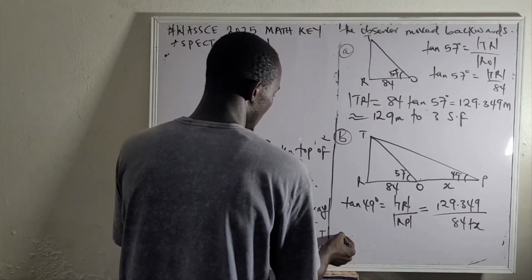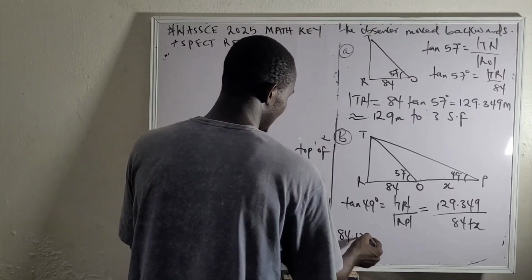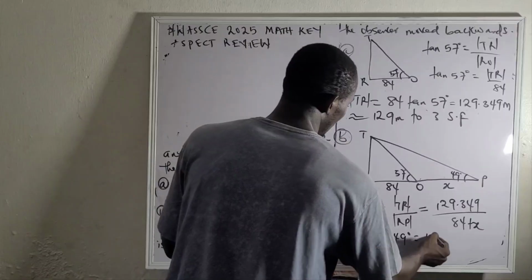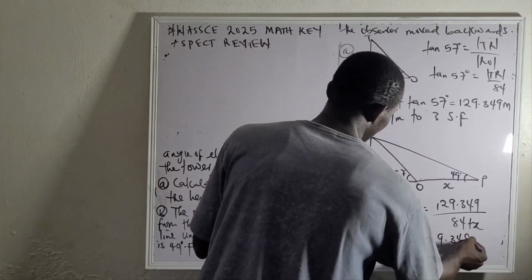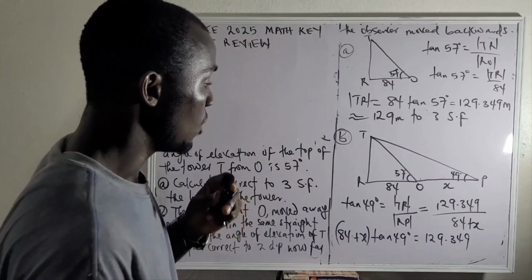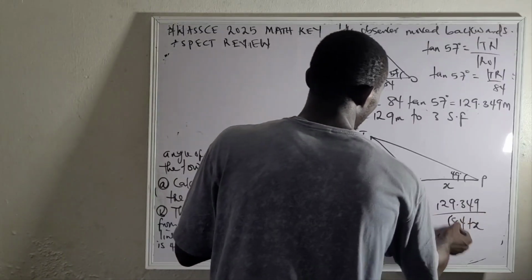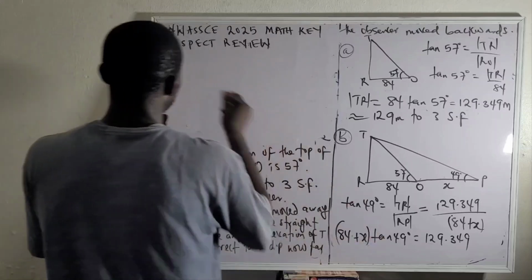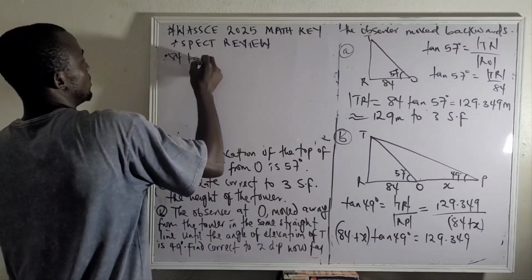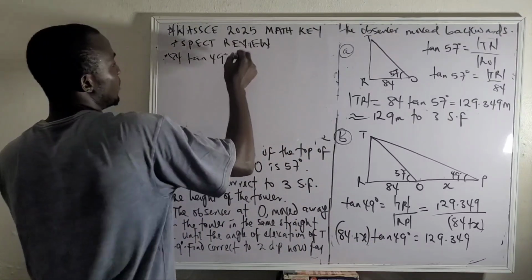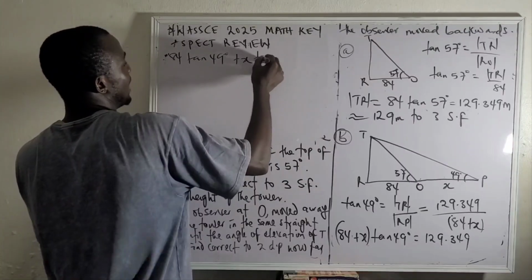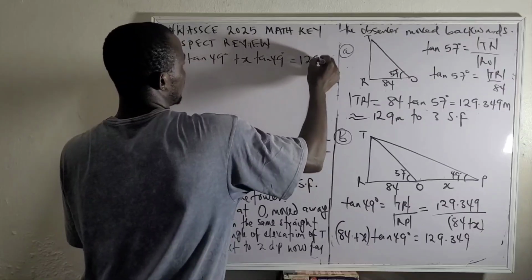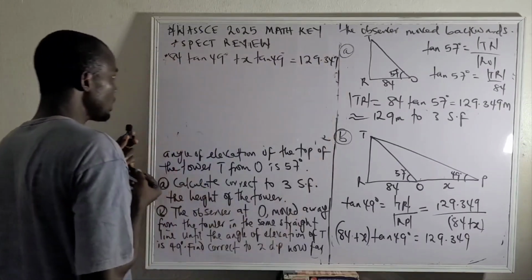That will be (84 plus X) tan 49 degrees equals 129.349. We multiply both sides by 84 plus X. If you open the bracket, this will be 84 tan 49 degrees plus X tan 49 degrees, equals 129.349.